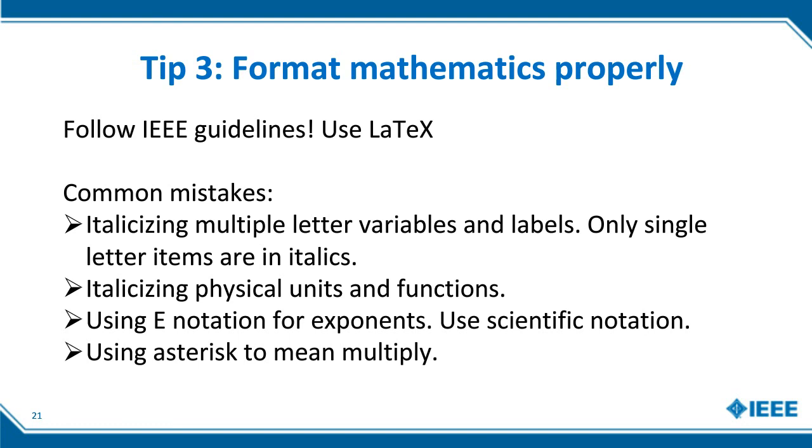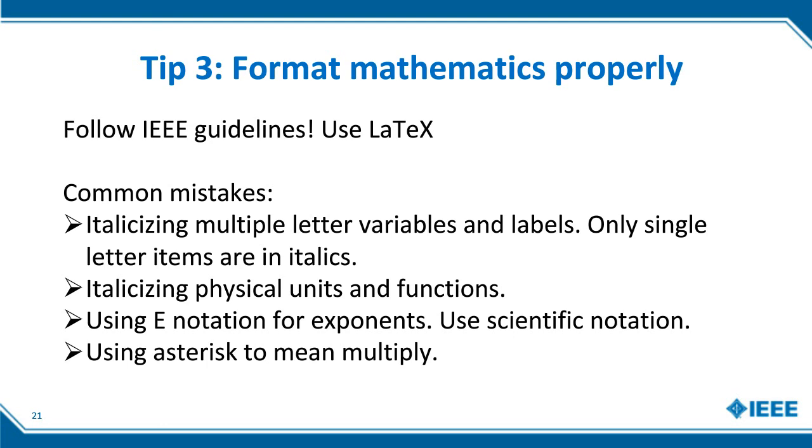Use the proper scientific notation, 10 to the power of something, and don't use asterisks to mean multiply. Use the correct symbols. Or if you've got two italic variables together, you don't need a symbol between them. Things like E notation and asterisk are really designed for computer code, not for journals. It doesn't look good in a journal.